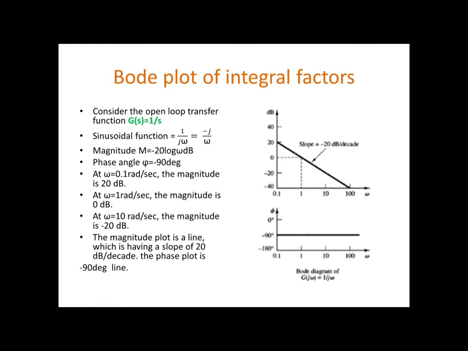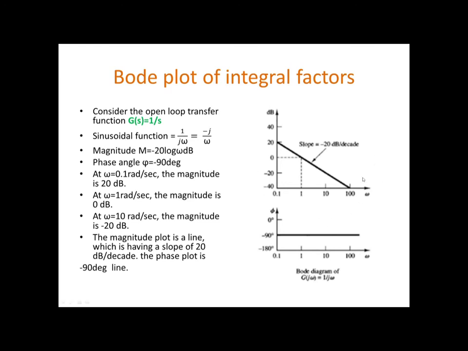For a decade frequency range, the magnitude changes from 0 dB to minus 20 dB. That means for 1 to 10, the magnitude is changing from 0 dB to minus 20 dB. So we can say the slope of this straight line is minus 20 dB per decade.